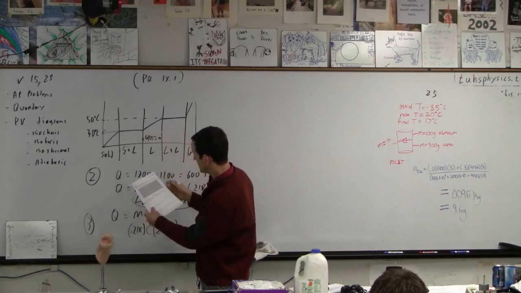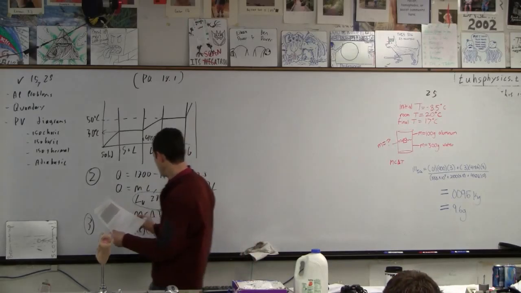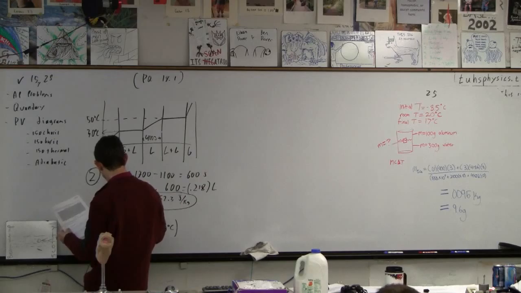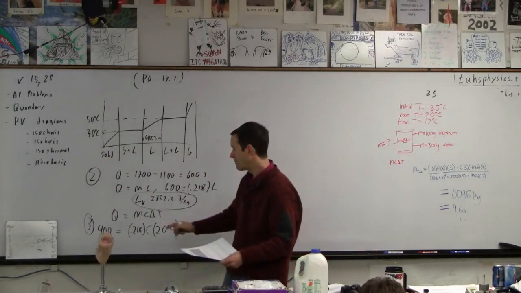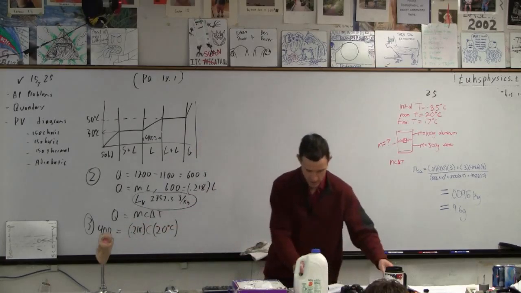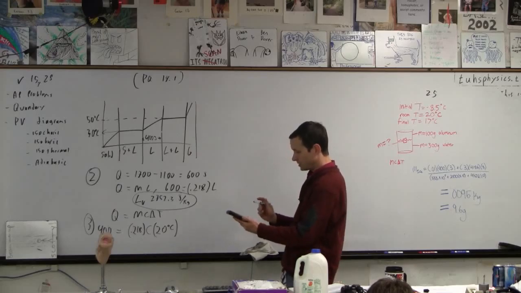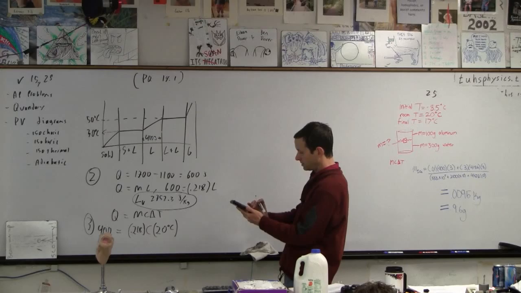So you just look side to side. Every square is 100, and so I go from 700 to 1100. That's 400 joules, right? Now I'm going to take 400 divided by 0.218 kilograms, and by 20 degrees Celsius. Wow, that was interesting.